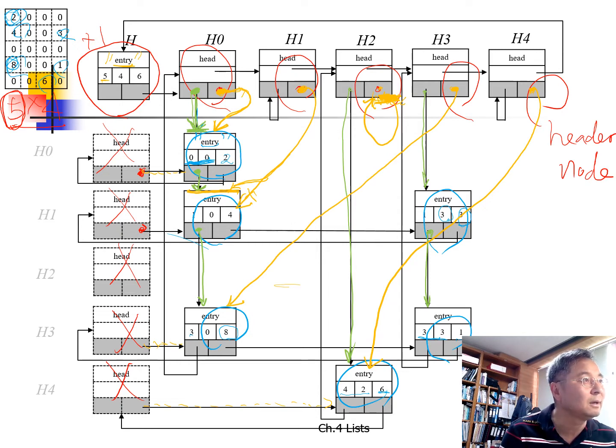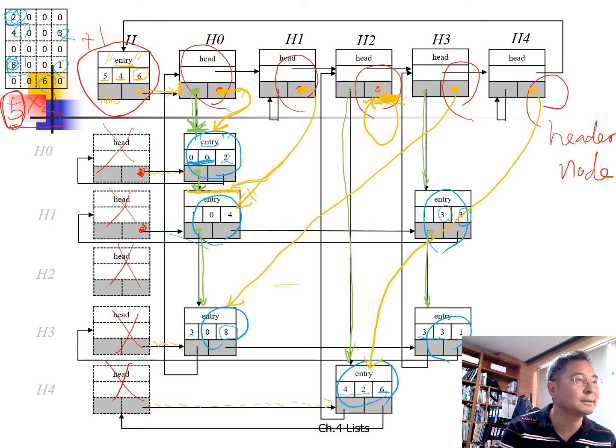Yes, this is 5 and 4. 5 and 4 is the structure of the original sparse matrix, and the number of non-zero values, 6, is here, and this is a null. And the right field means the first node of the header node. So this will point here. Okay, that's all about this one.